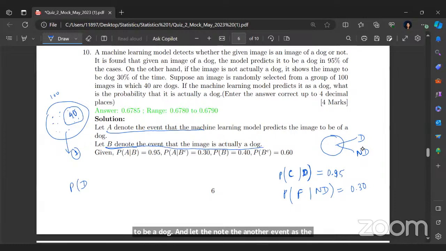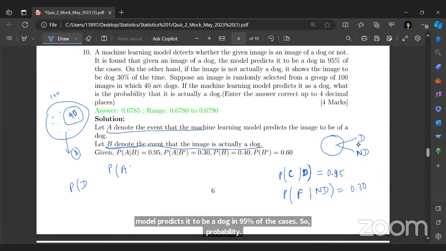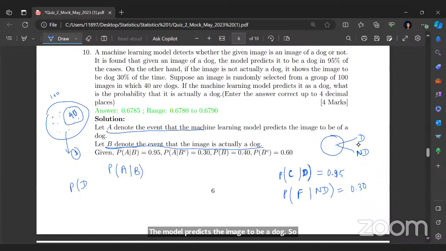If I define these two events, what information is given to us? The first is that the model predicts it to be a dog in 95% of the cases. So A given B, that is, the image was actually a dog, is 95%.